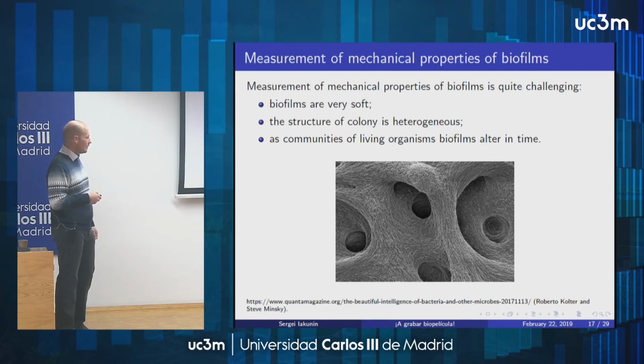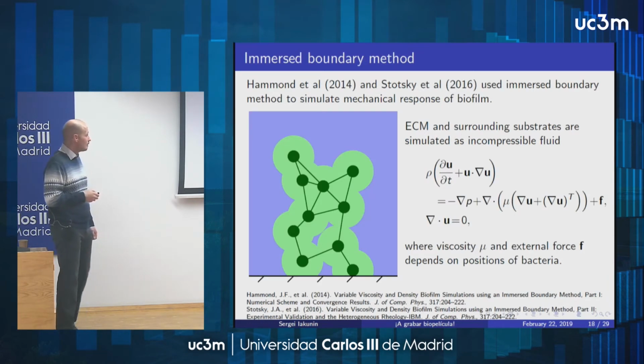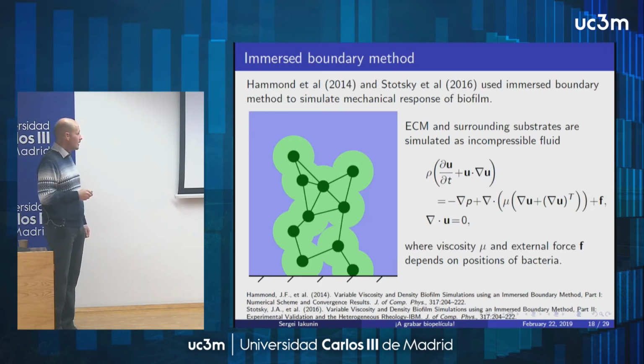This photo and the idea of what the structure of biofilm is can inspire the immersed boundary method proposed by Hammond and Stotsky. The idea is to simulate biofilm as a framework of rigid bacterial cells connected by elastic springs and embedded into viscous fluid. The viscous fluid is, of course, the bulk fluid on substrates outside the colony, but also the extracellular matrix, which we have around each bacterial cell.